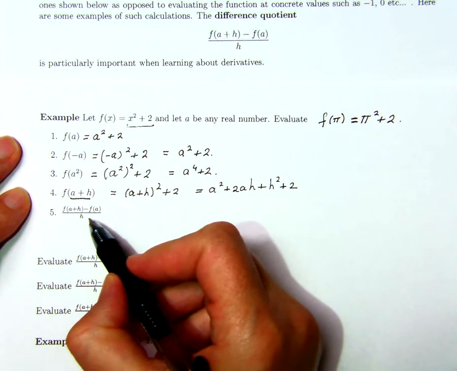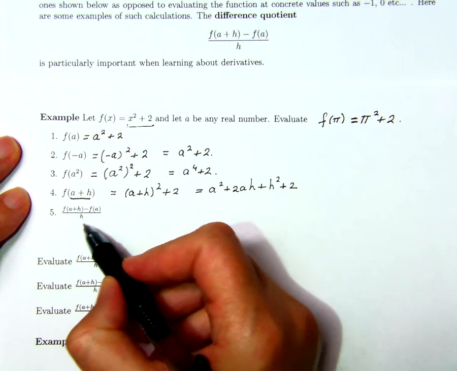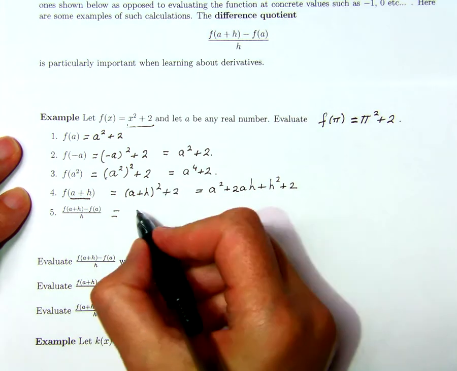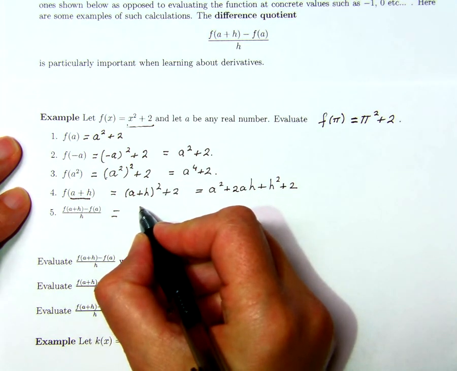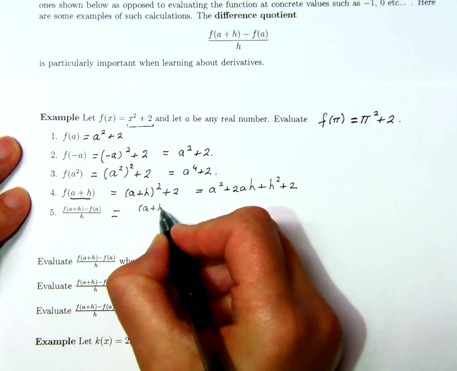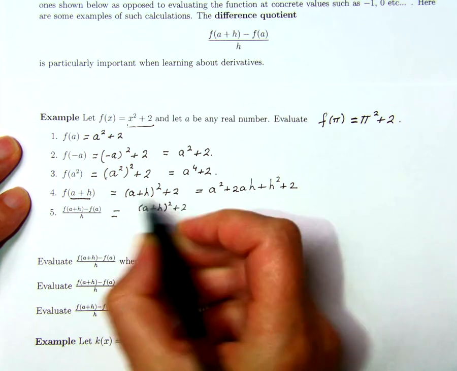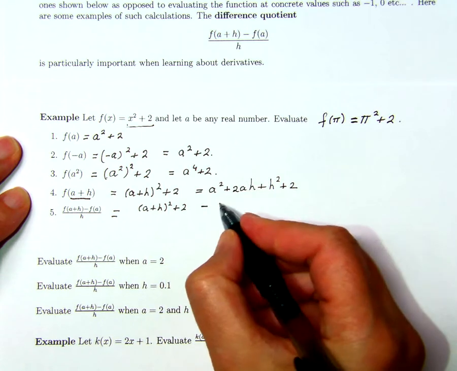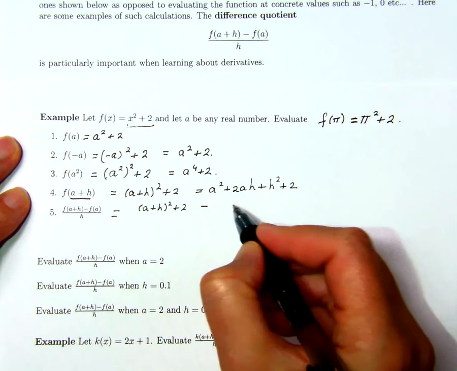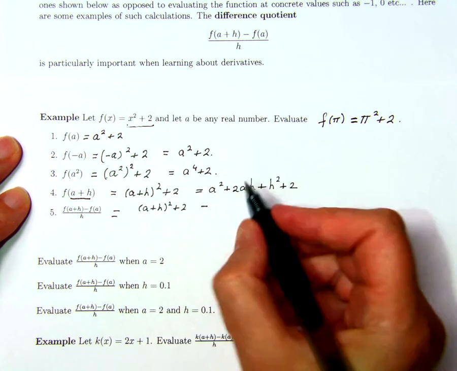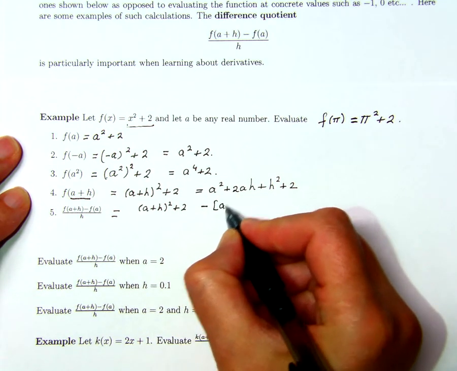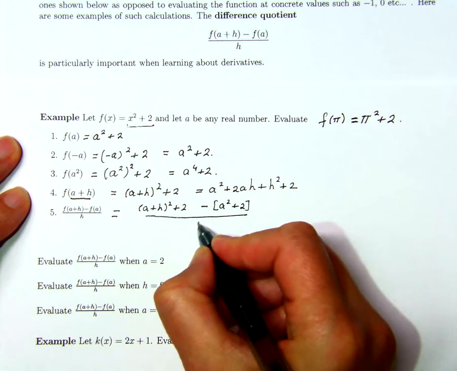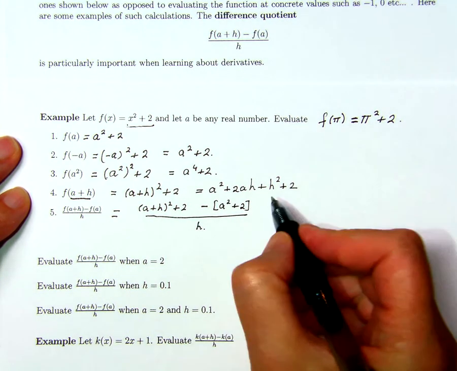What about f of a plus h minus f of a, over h? Well, that's equal to a plus h squared plus 2, that's f of a plus h, minus a squared plus 2, that's f of a, all over h. So you see, I'm just filling in details here.